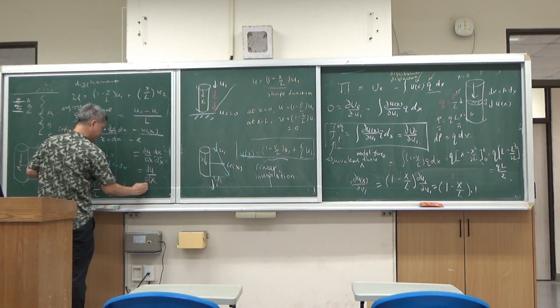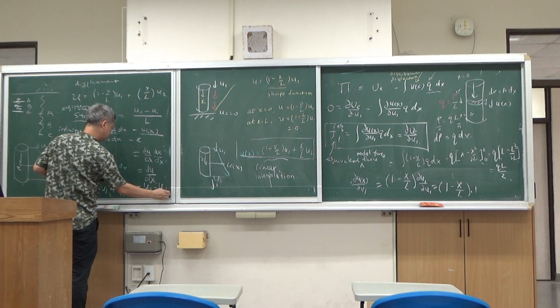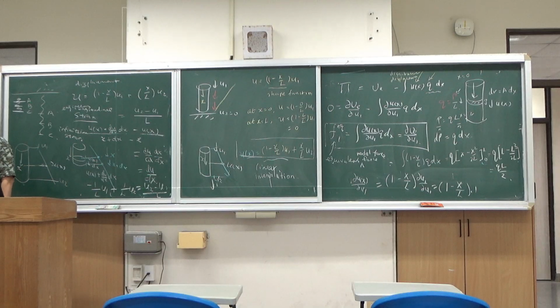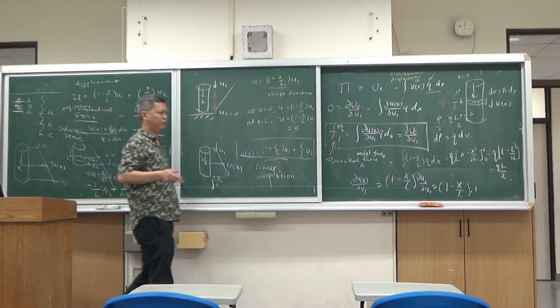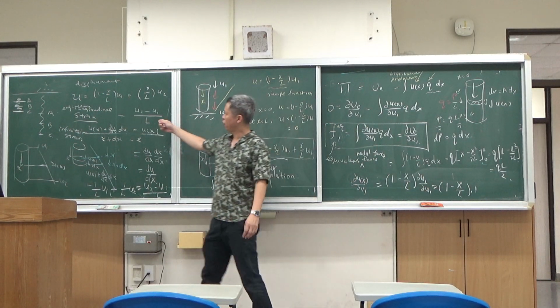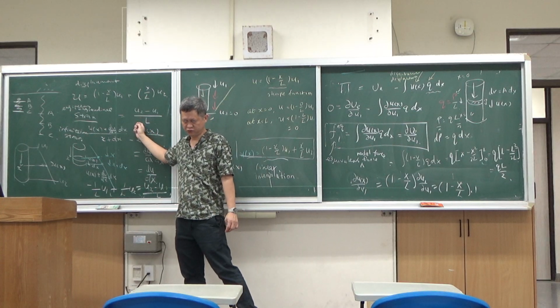It is then u2 minus u1 divided by L. This is important. Why? If finite elements is going to be valid, it must follow your engineering rule.